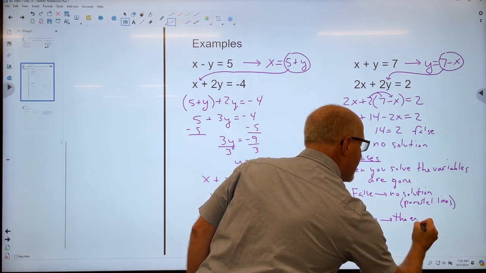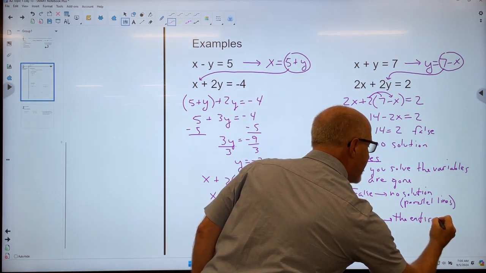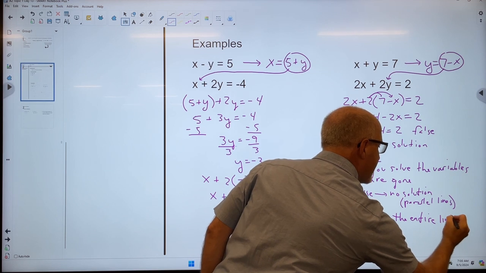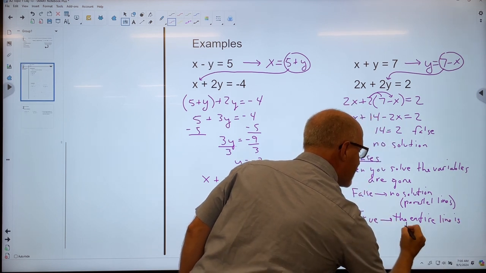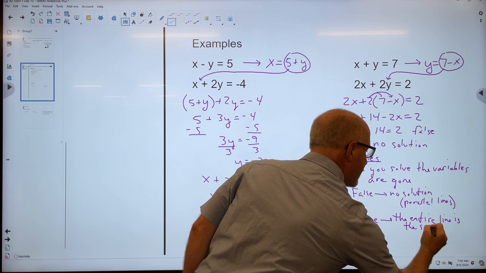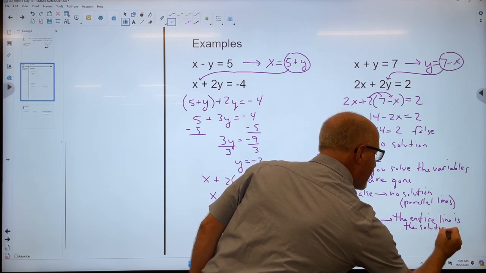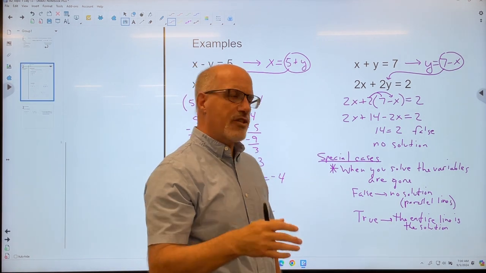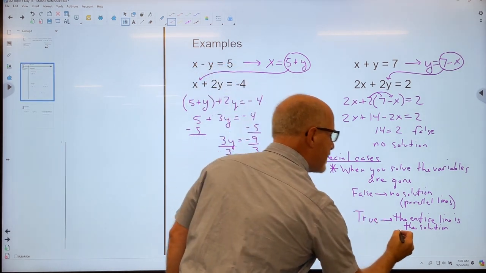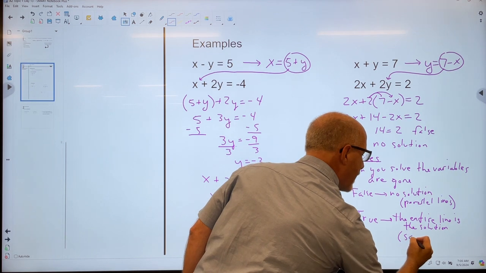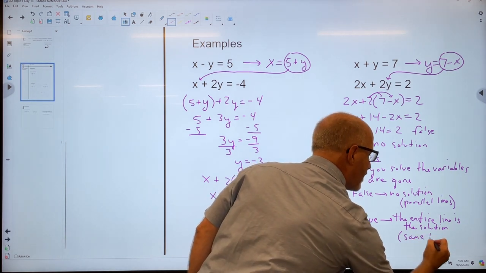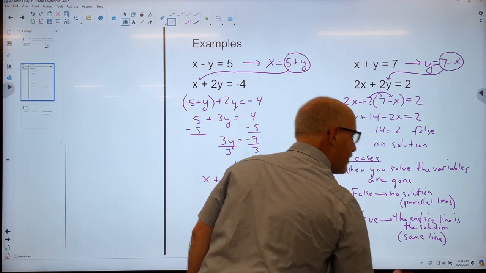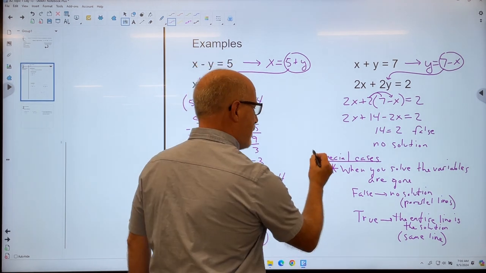The entire line is the solution. In fact, what you do is you list one of the equations in the answer blank for that. This would be the same as when we did this graphically, it's the same line when we graphed it. Okay, I'm going to put a box around this.